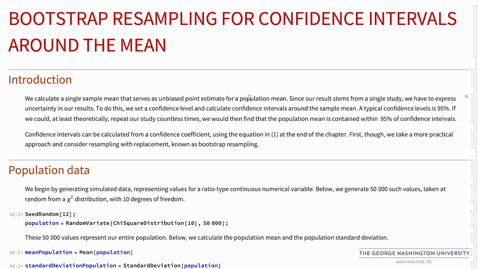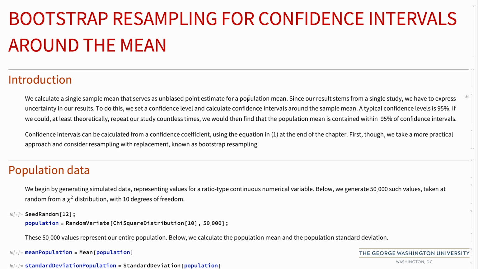We want information about that population mean, but we are uncertain whether our sample mean matches it. So what we would typically do is choose a confidence level, usually 95%, and we create these bounds, intervals around our sample mean, and we express a confidence that the population mean is within those bounds.